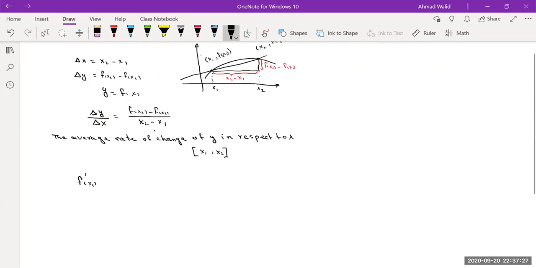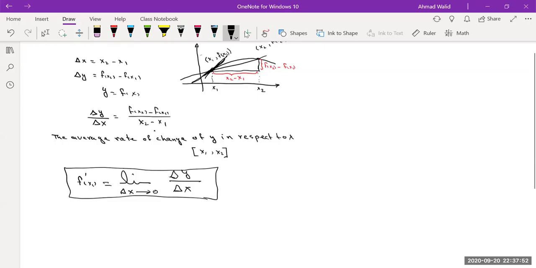If I want to find the slope of the tangent line at x1, which is this point, the slope of this line, then f prime of x1 equals the limit of delta y over delta x as delta x approaches to where? To 0. Correct? That was the formula for the slope of the tangent line: y2 minus y1 over x2 minus x1, or over h as h approaches 0, but here we name it delta x, right?